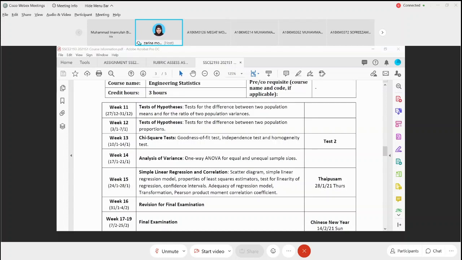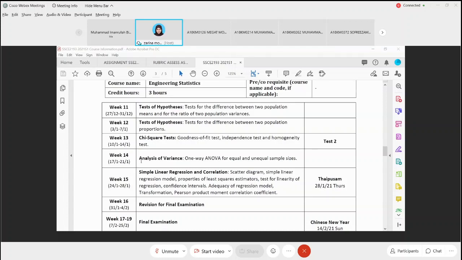From the experience of the last semesters, it is not impossible to have at least one question based on Excel output. So you need to know how to interpret the Excel output.